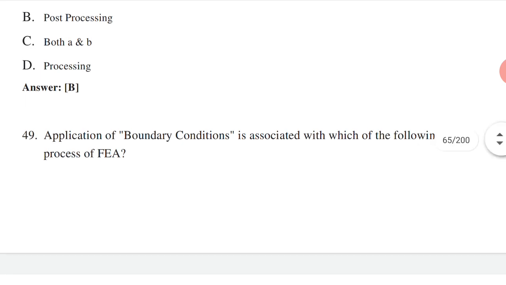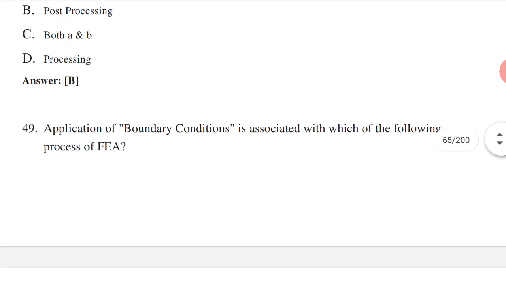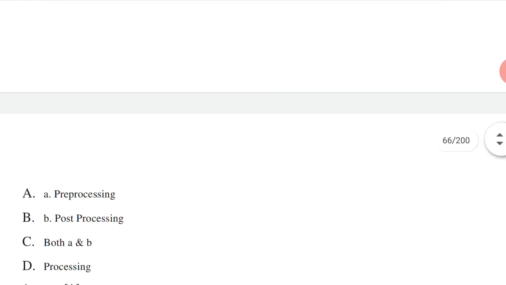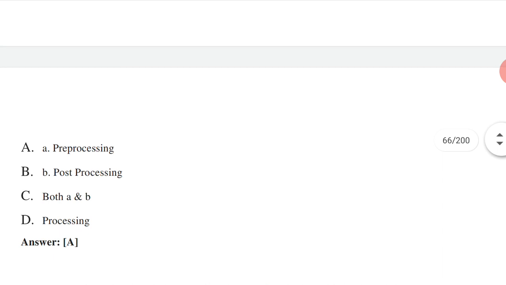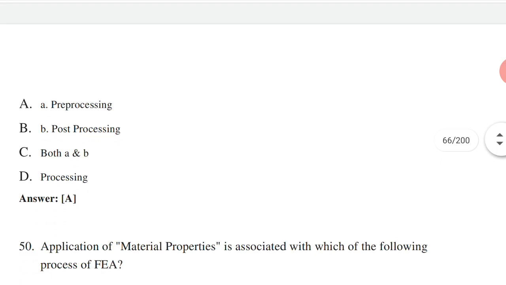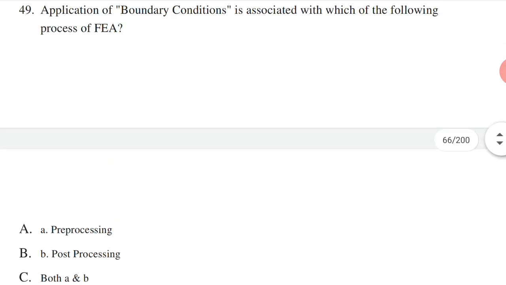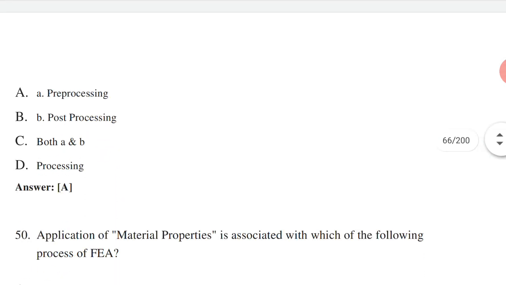Then we also apply the boundary conditions, forces, and everything else. Obviously it is the answer A, pre-processing.